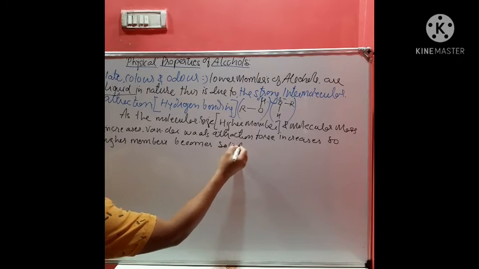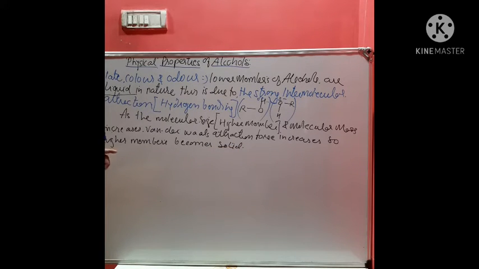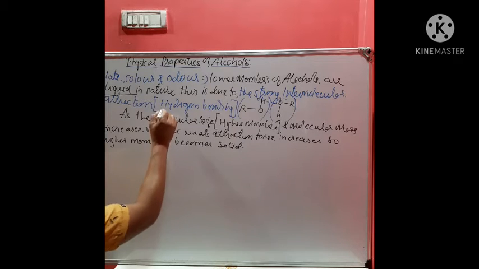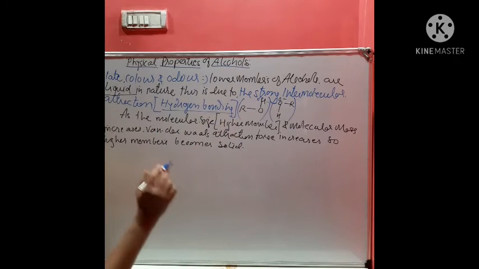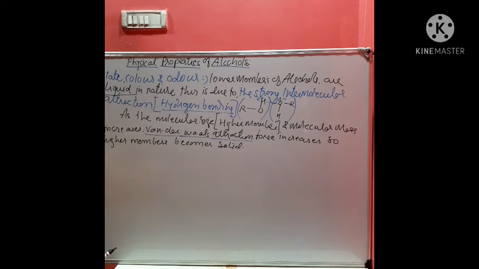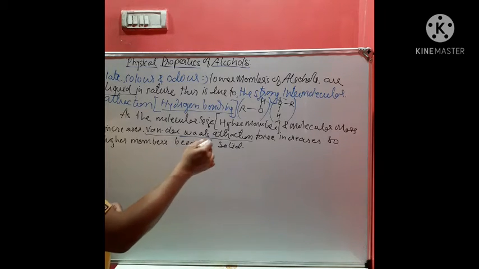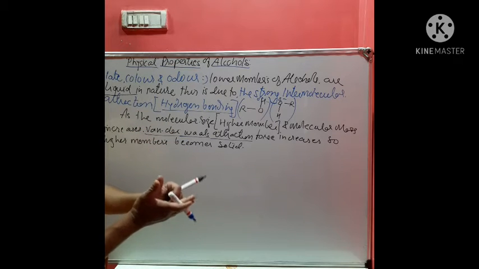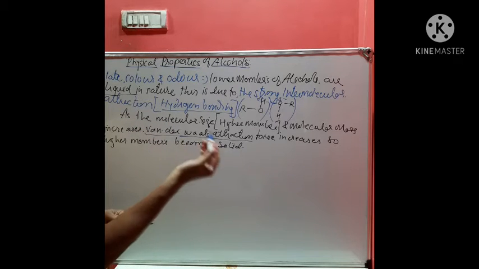Why? Because in the higher member, two types of forces will work. The first force is hydrogen bonding, and the second force is the increase in van der Waals attraction force. Students, van der Waals attraction force becomes more effective when the molecular mass or molecular size is bigger.